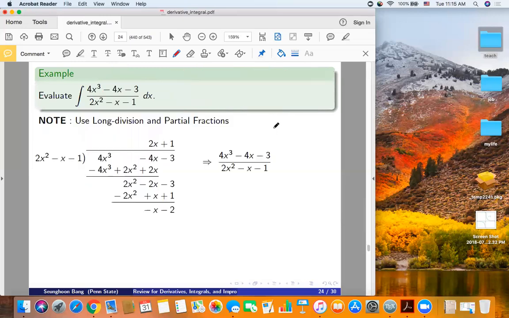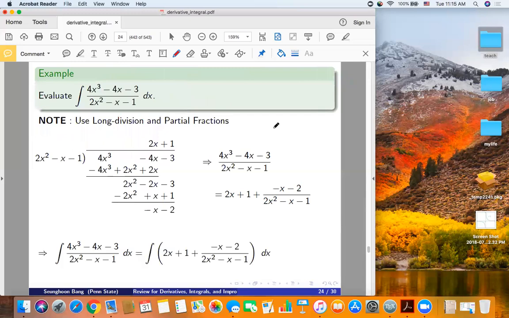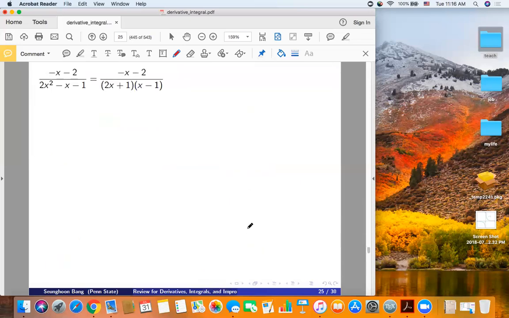So we have the next one. This is key. You can use partial fractions to replace negative x minus 2 over 2x squared minus x minus 1 with the sum of two simple fractions. Here, you factor the bottom: 2x squared minus x minus 1 is 2x plus 1 times x minus 1.